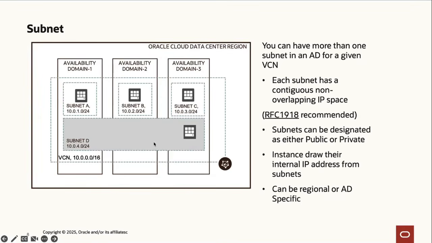Regional subnets span all availability domains inside the region, and you can choose whether the subnet will be regional or availability domain specific when you're creating the subnet. Aside from the removal of the availability domain restraint, regional subnets behave the same as availability domain specific subnets. And you can mix and match and have both regional subnets and availability domain specific subnets within your VCN.